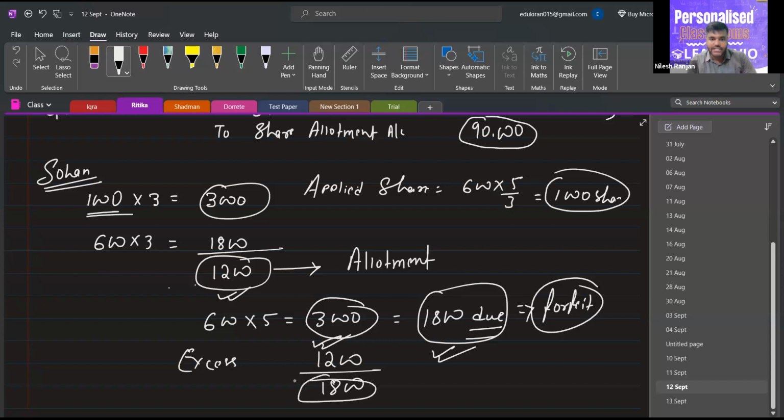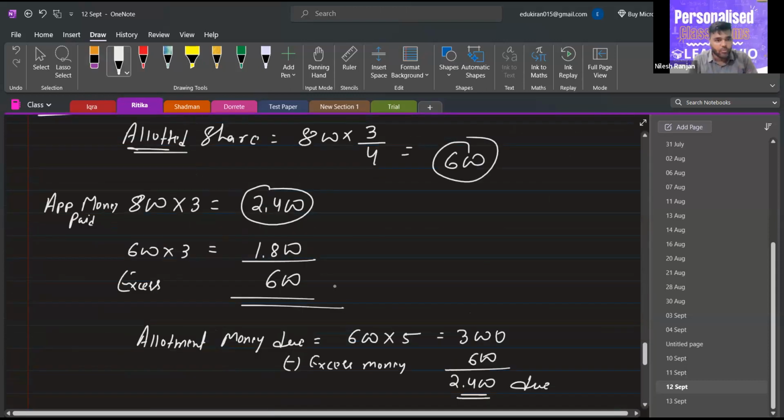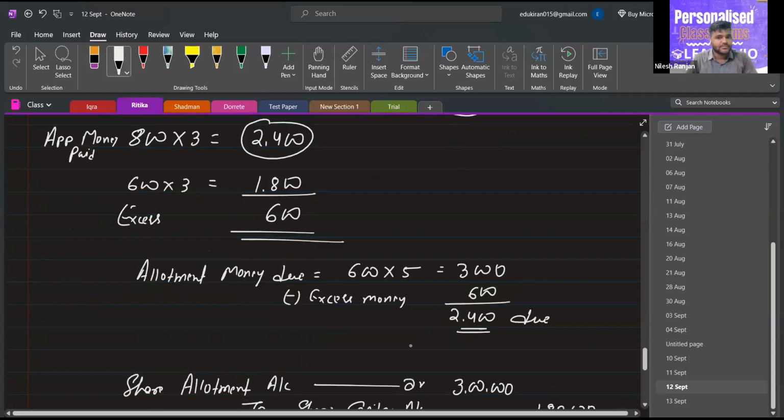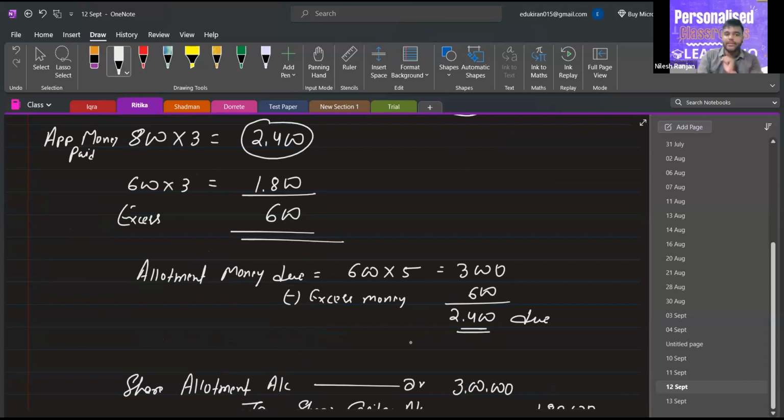So the balance 1,800 is due from Sohan. Yes, sir. And how much money is due from Mohan? 2,400. Sohan has paid the premium amount, but Mohan is not able to pay the premium also. Because 600 into 3 is the allotment money and 600 into 2 is premium, so in total 3,000 he has to pay.